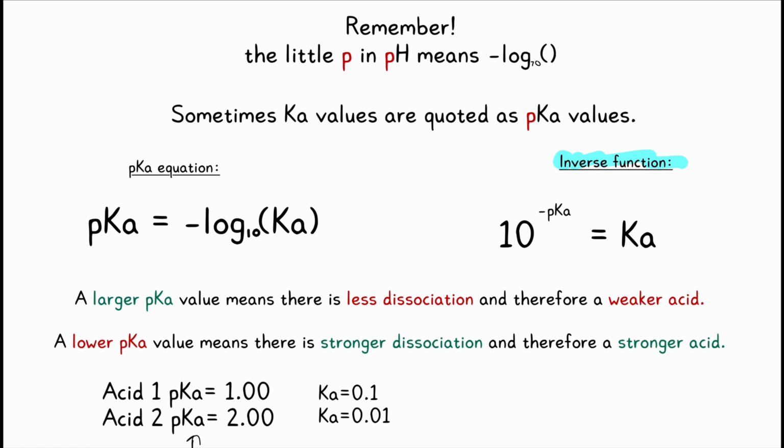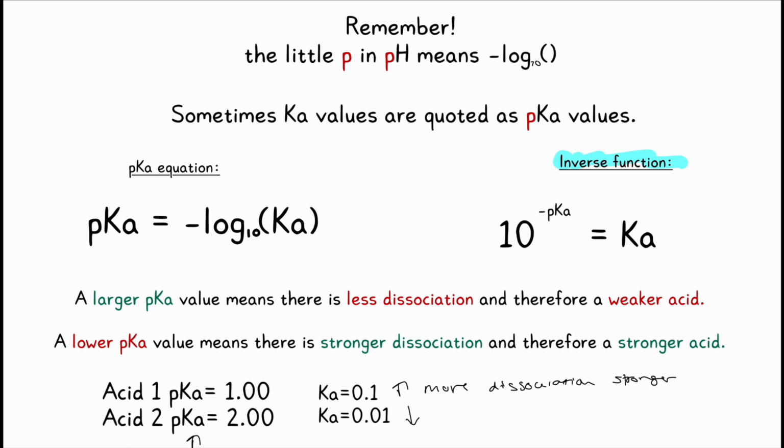Now, if I revert them to Ka values using the inverse function, I actually got a smaller Ka value, whereas the Ka value above for acid 1 was much bigger. Remember, bigger Ka values means more dissociation, and therefore a stronger acid.